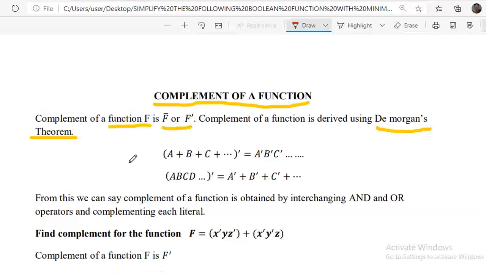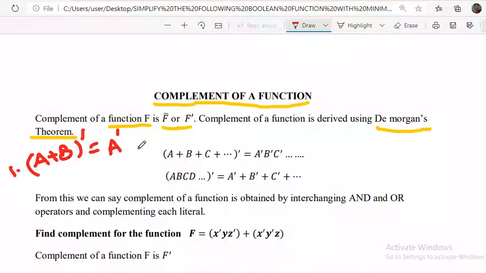You can take the complement for as many variables as you like. When you studied De Morgan's theorem, you might have studied it like this: a plus b the whole bar. This is the first formula. A plus b the whole bar is equal to a dash into b dash.